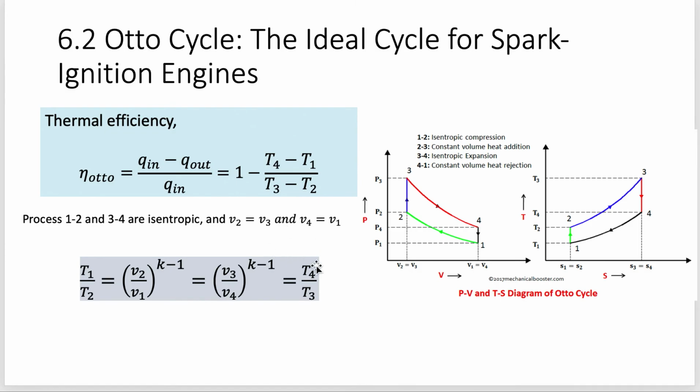Since V2 is equal to V3 and V4 is equal to V1, we know that V1 over V2 is equal to V4 over V3. This is the compression ratio. Then we can replace this with the compression ratio, giving 1 over rv. Okay, that's all.